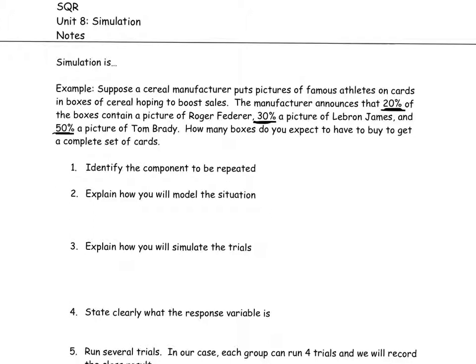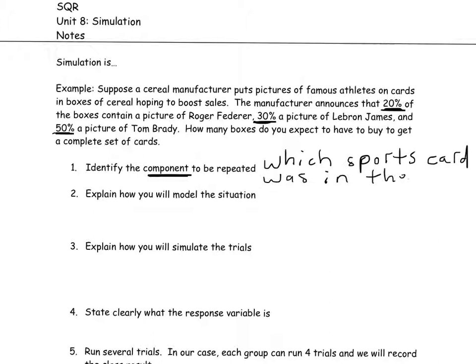So each random number is going to correspond to and be a component. A component in the simulation is going to be a single random digit that corresponds to which sports card was in the box of cereal you got.